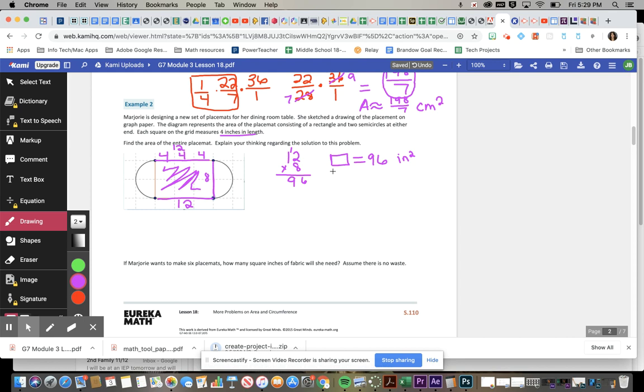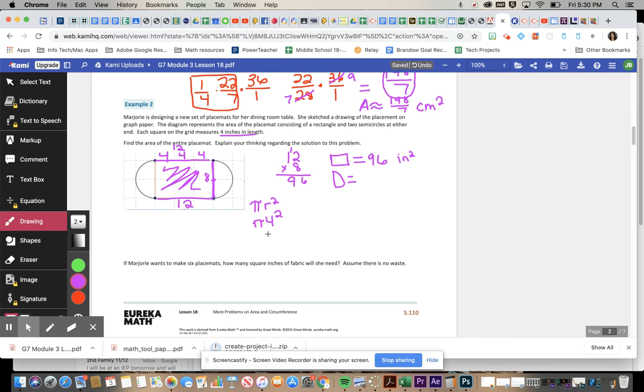Now I have to find each of the semicircles. And in order to find the area of the circle, I have to do pi radius squared. Okay, my diameter is 8. So the radius is half of that, which would be 4. Radius squared times pi.